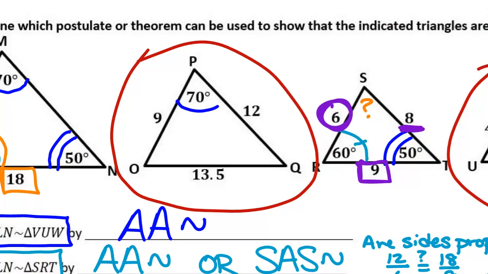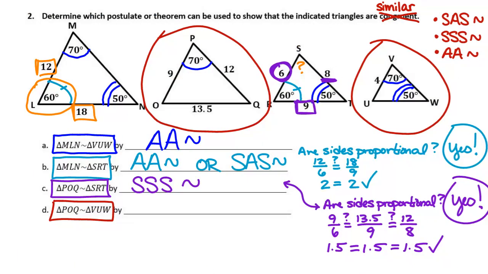We have a 70-degree angle here. Do we have another pair of congruent angles? It looks like it's congruent. Do I know it's congruent? No. The only one that I know is congruent is that 70-degree angle.